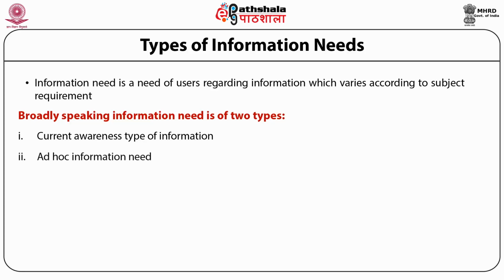Two, ad hoc information need, which arises with the change in purpose from time to time. Another way of categorizing information need of users is current approach towards information need.